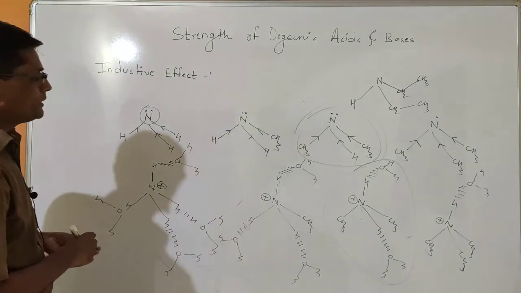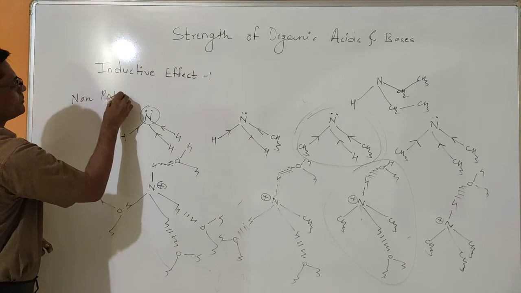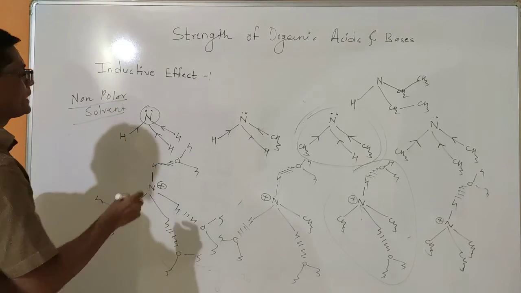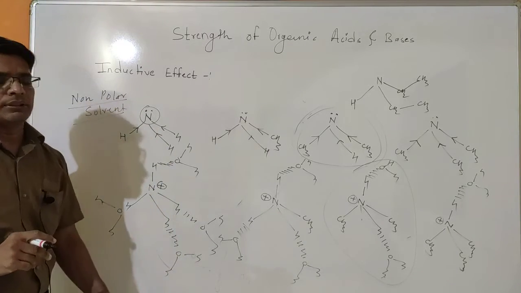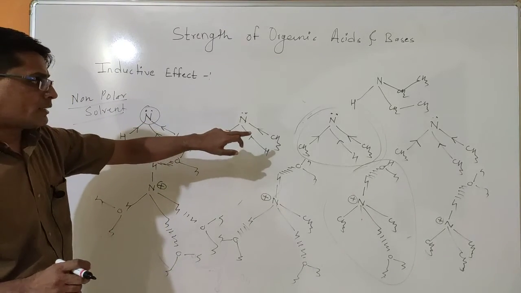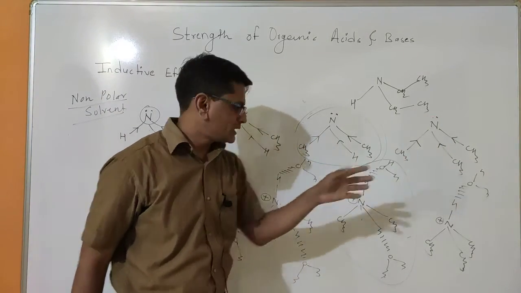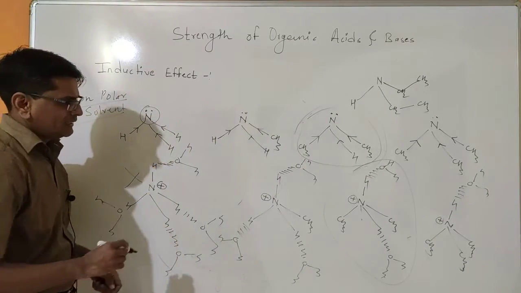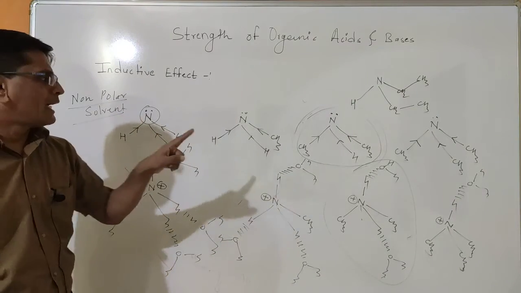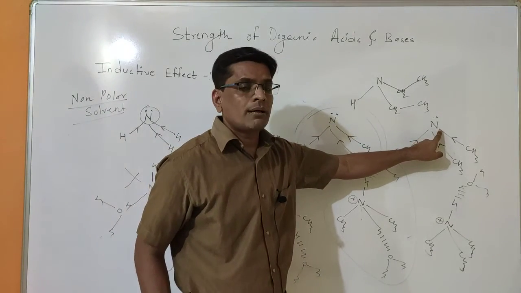But when we use a non-polar solvent like chlorobenzene or carbon tetrachloride, then basicity will compare differently. In a non-polar solvent, trimethylamine is a stronger base because there is no solvation effect. This molecule could not solvate in a non-polar solvent, so there is only the inductive effect.